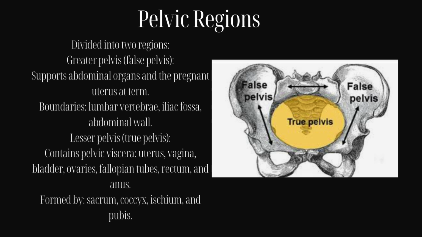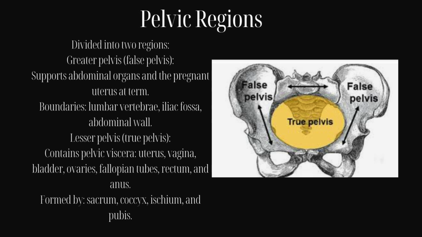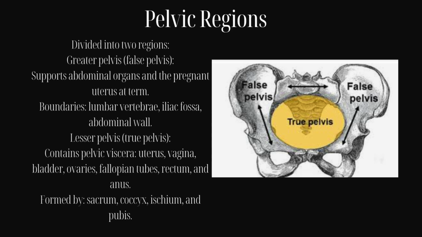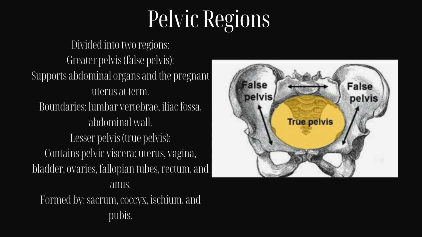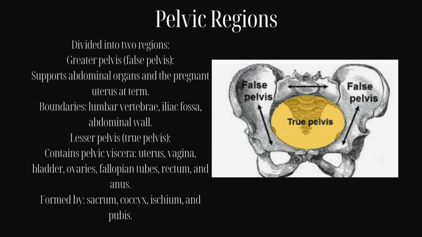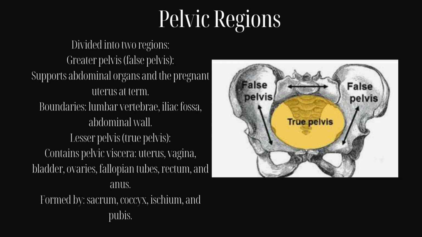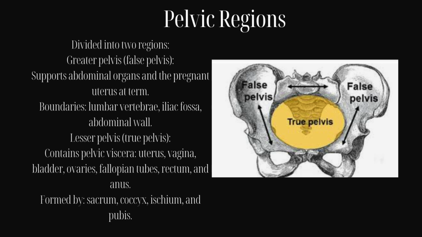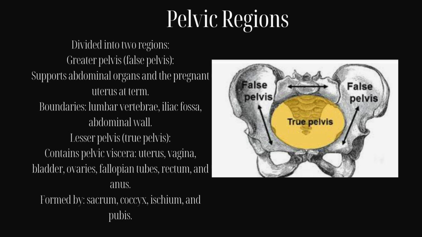The pelvis is divided into two distinct regions: the greater pelvis, which is known as the false pelvis, and the lesser pelvis, referred to as the true pelvis. The greater pelvis serves as a supportive structure distributing the weight of the abdominal organs and supporting the uterus during late pregnancy.